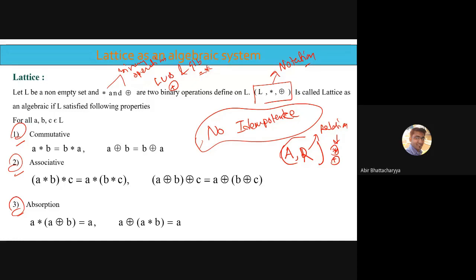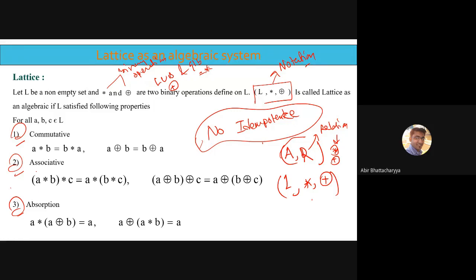Now, whenever someone gives you (L, star, plus circle), then by checking this notation, which is the notation for a lattice as an algebraic system, you have to go with the algebra. First, we will go for the commutative law, second the associative law, and third the absorption law.